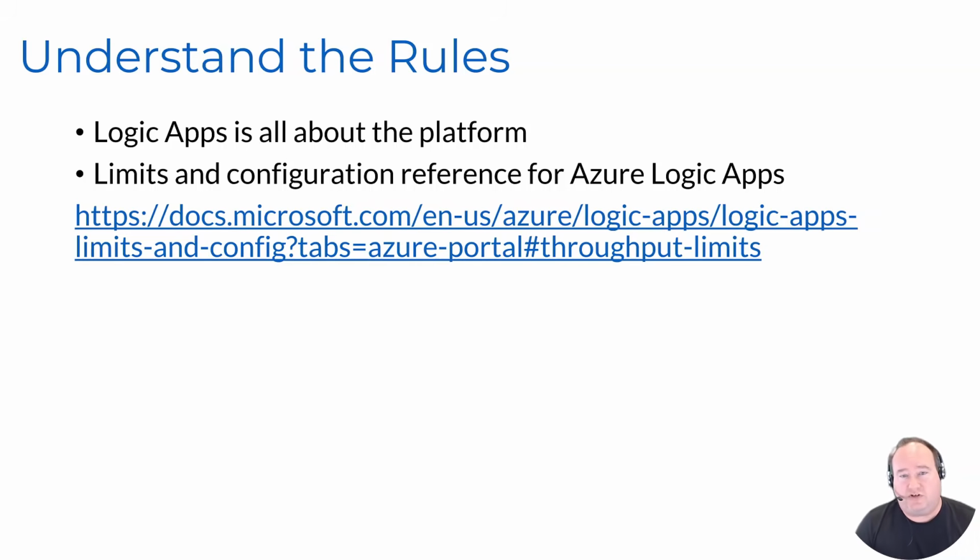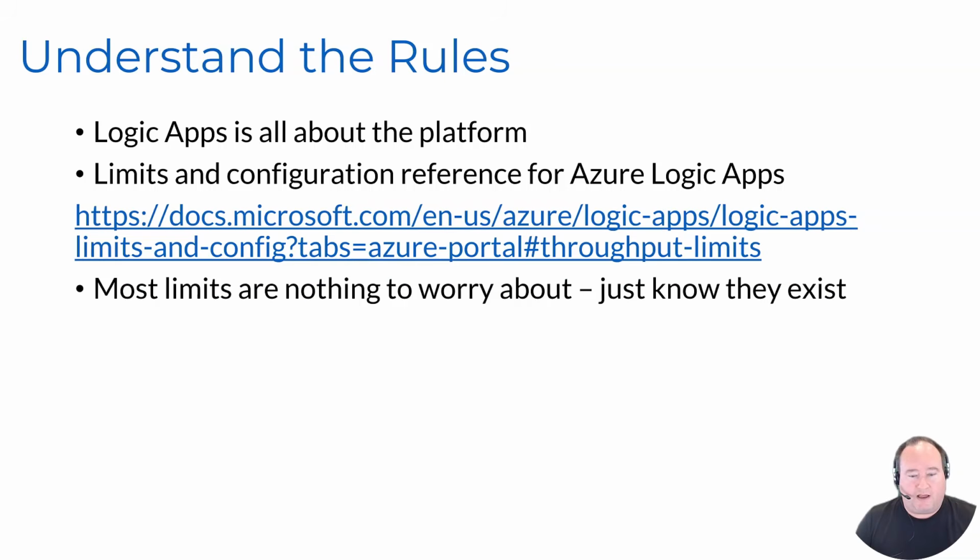The limits do change over time, and generally go up. One could question why you would need a 100 meg file in a logic app to begin with, just like people would try to run that through BizTalk. There are generally better ways to do it, but just understand there are some limits and configuration items you need to understand. Most of the limits are nothing to worry about, like the 100 meg file size.